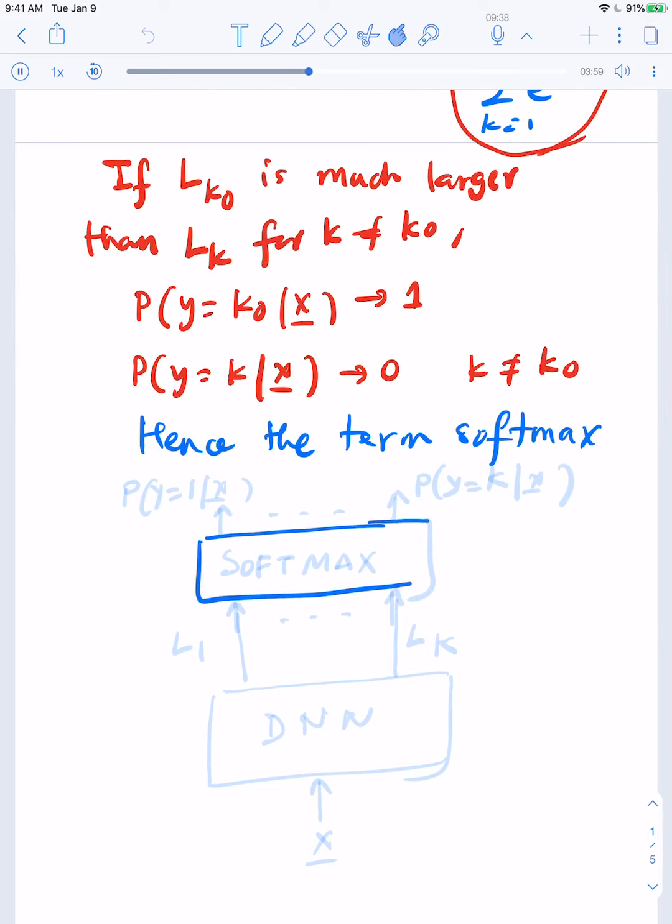So let me see what happens. Here are the L1 through L capital K coming in, and out come your estimates of the probabilities: the probability of y equals 1 given x, up to the probability of y equals capital K given x. So that's what the softmax is doing.